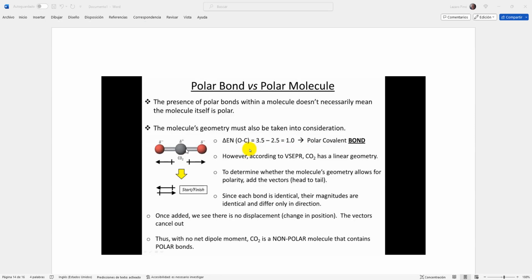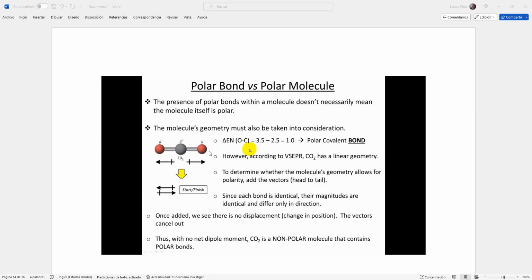Well, if you analyze this carbon and this oxygen, you can see that oxygen is more electronegative than carbon. So you make this symbol to represent the dipole moment between these two atoms.